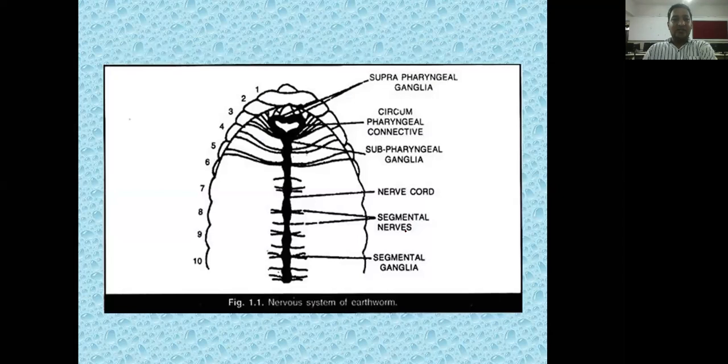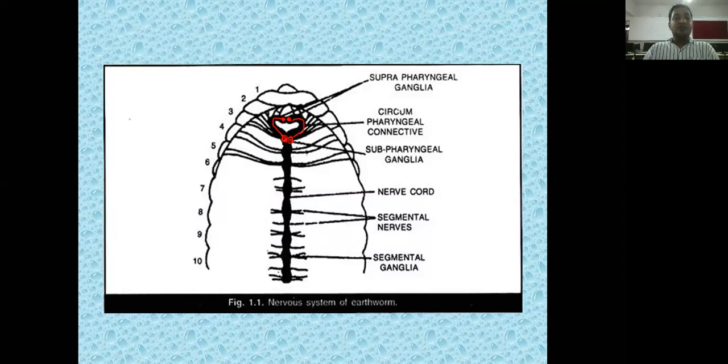In this figure, we can see the ring-like structure which starts from the upper part of the pharynx where a pair of suprapharyngeal ganglia are located, and from them arise a pair of circumpharyngeal connectives which attach to the subpharyngeal ganglionic mass below the pharynx, located in segment number 4.